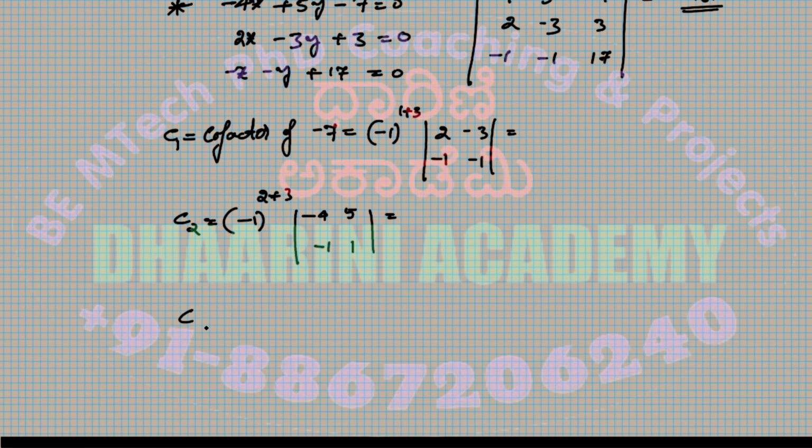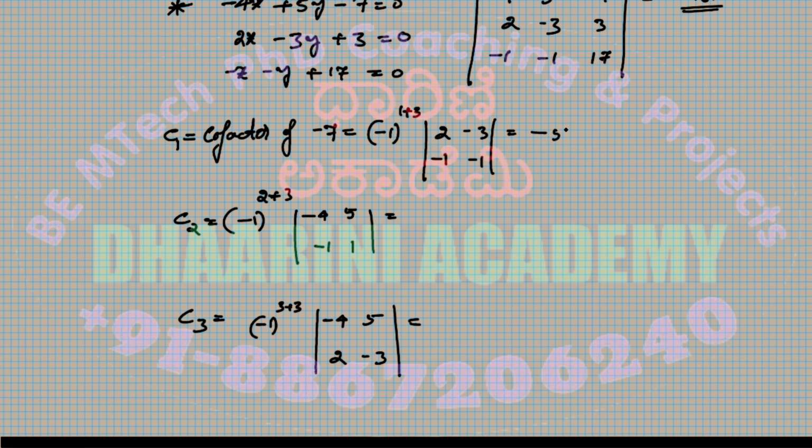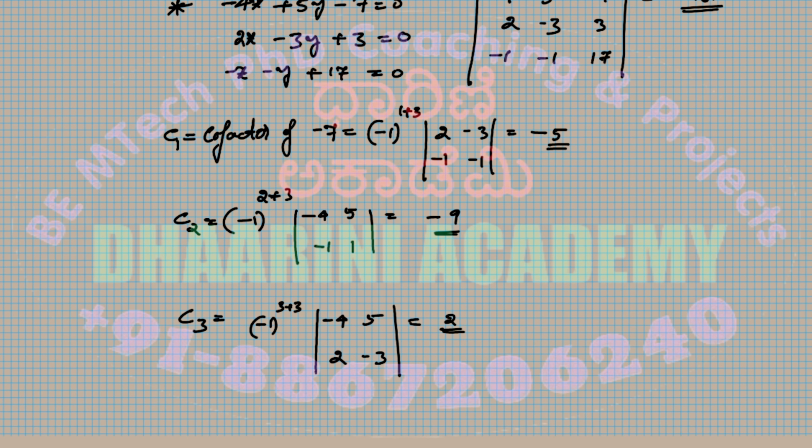C3 is the cofactor of 17, which is at 3 comma 3. So this is minus 1 to the power 3 plus 3 times the determinant of minus 4, 5, 2, and minus 3. This is minus 5, minus 9, 2.